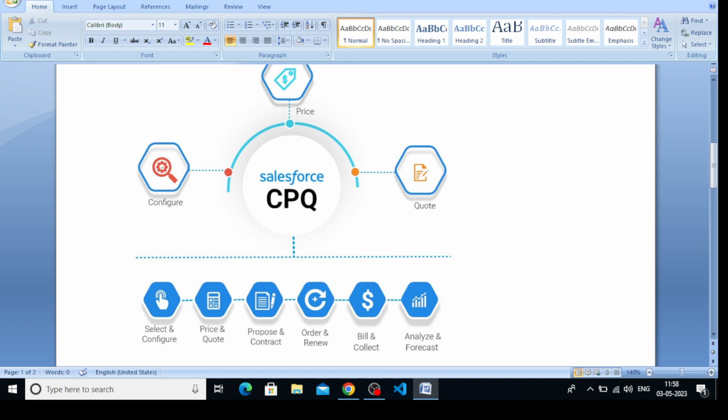After the approval is completed, it comes back and the quotation is accepted. In this way, the quotation process also helps us with the sales process. In this way, CPQ provides different objects supported for different stages of sale points.